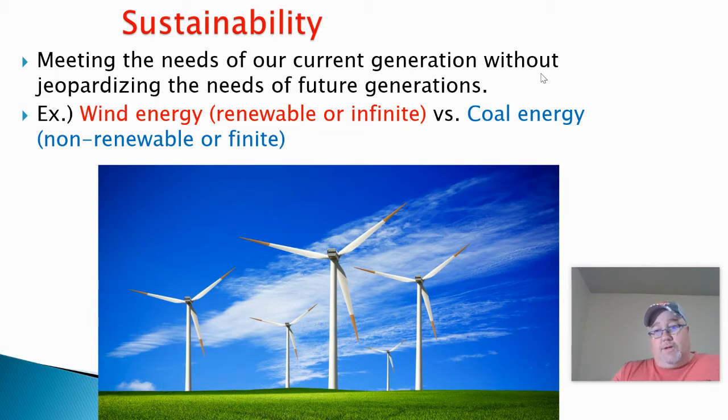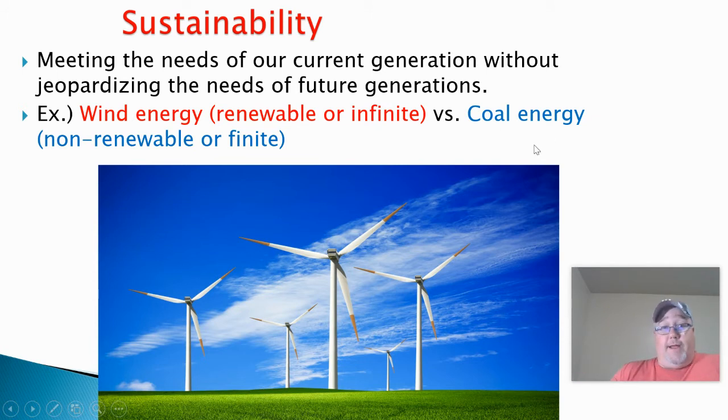But we want to make sure we do so in a way that doesn't deplete those resources for our kids and for our kids' kids and all that type of stuff. A really good example of this is energy. Electricity, for example. When you plug in your cell phone or turn on a microwave oven or turn on your TV, all that energy that comes into your home in the form of electricity, most of that comes from coal energy.